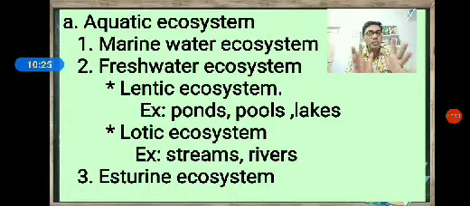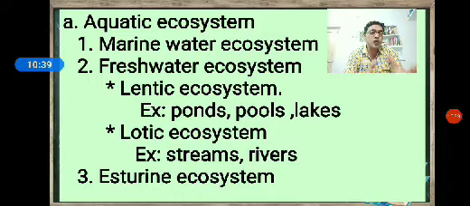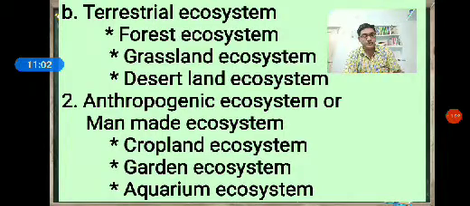The joining place of river water and sea water, fresh water and salt water, is nothing but the estuarine ecosystem. Next, the second one, terrestrial ecosystem.